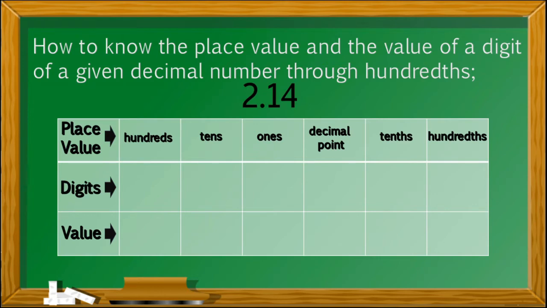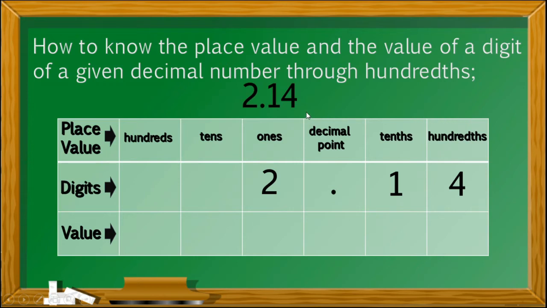So ilagay niyo yan dito sa place value chart. Okay? Yung 2, mapupunta sa ones digit. Then decimal point. Then yung 1, mapupunta sa tenths digit, and yung 4 mapupunta sa hundredths digit.